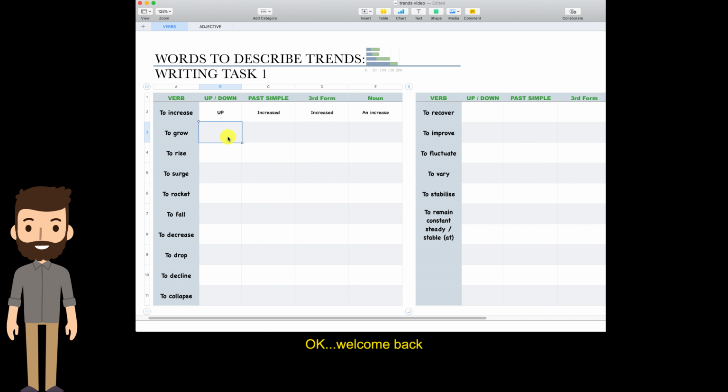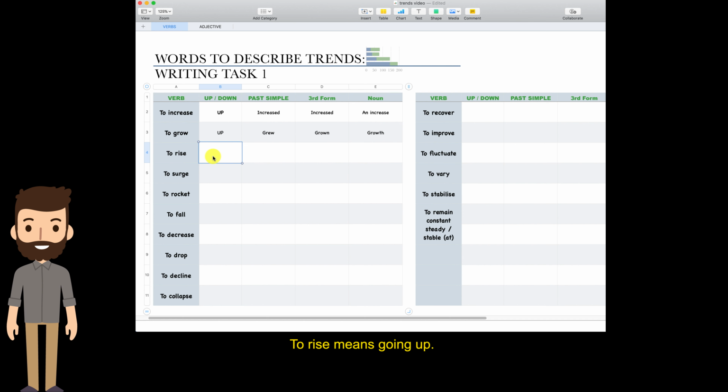Okay, welcome back. To grow. What do you think? To grow means to go up. The past simple is grew. The third form is grown. And the noun form is growth.